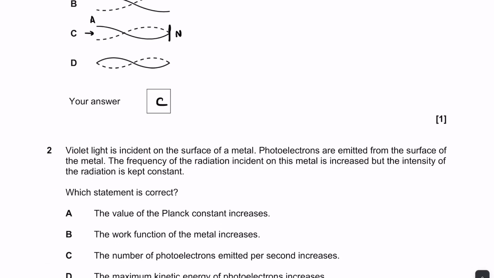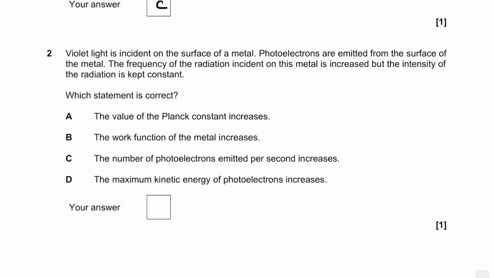Okay, so question number 2. Violet light is incident on the surface of a metal. Photoelectrons are emitted from the surface of the metal. The frequency of the radiation incident on this metal is increased, but the intensity is kept constant.